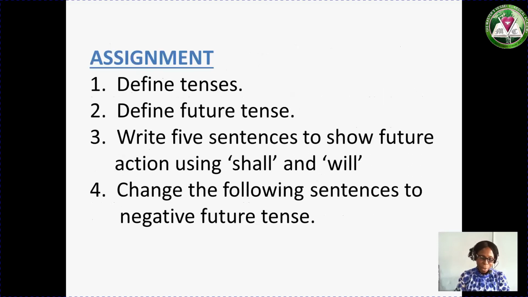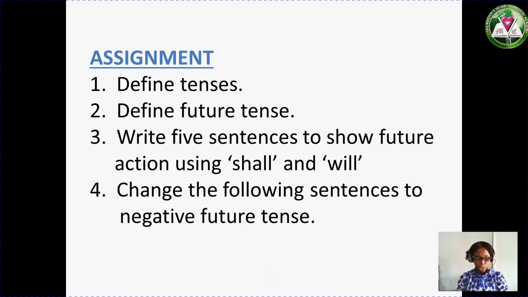Before I give you my assignment, I would like to summarize my lesson so far. We have learned that verbs have tenses, and these tenses show us the time at which an action takes place. Different forms of verbs are present tense, past tense, future tense, continuous tense, and so on. For the focus of our lesson, we learned about future tense.